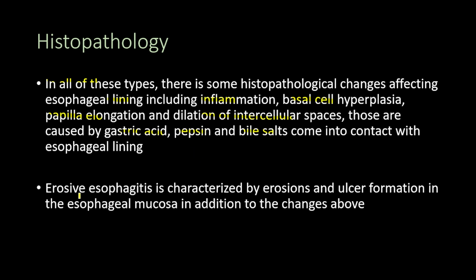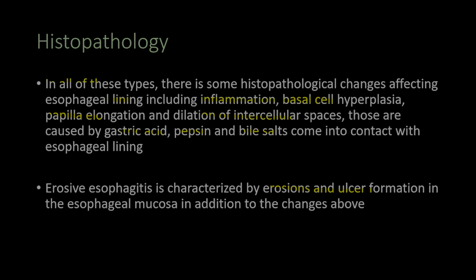Now, the erosive esophagitis is characterized by erosions and ulcer formation, as we mentioned, in the esophageal mucosa, in addition to the changes mentioned above, meaning the inflammation, the basal cell hyperplasia, and the others.